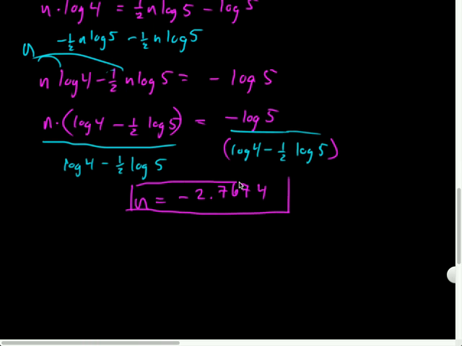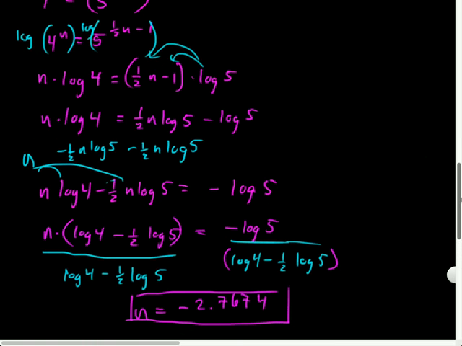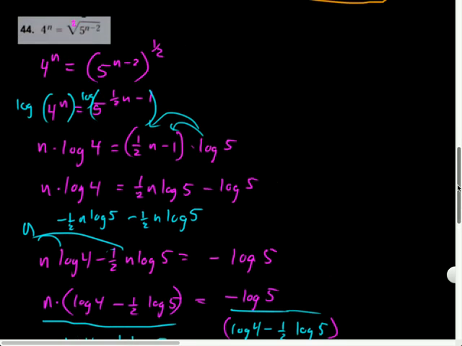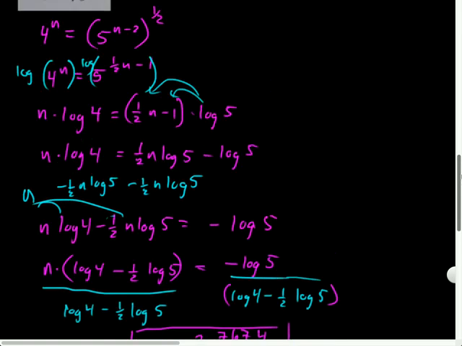And now let's determine whether or not this answer will be legitimate for the original problem. We're fine with a negative exponent there. I think that works. Negative 2.767 is what the book says, and I'll call it the same.